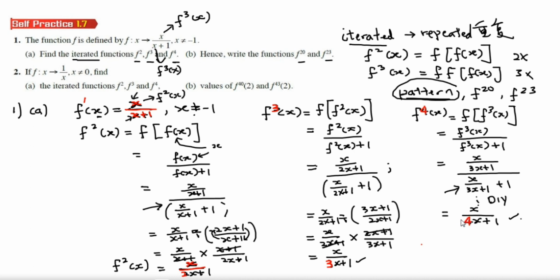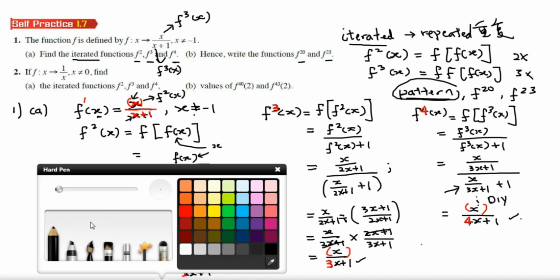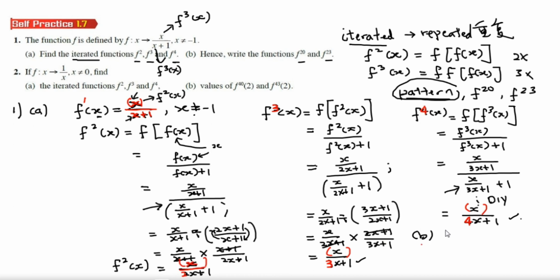What kind of pattern do you observe? Which term remains unchanged? Can you tell me? Yeah, you're correct. The x term remains unchanged. This one is the same for all iterated functions. So we can deduce f20 of x.